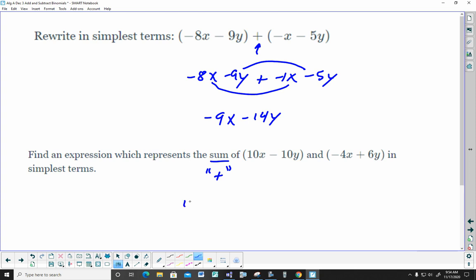So you have 10x minus 10y and it said sum, so you just put a plus, minus 4x plus 6y. There's nothing to distribute. It's just plus. So you have 10x minus 4x is 6x, minus 10y plus 6y is minus 4y.